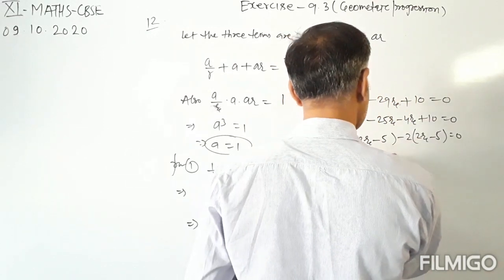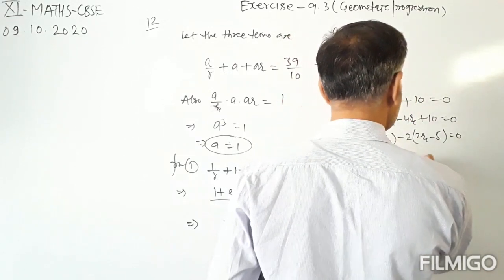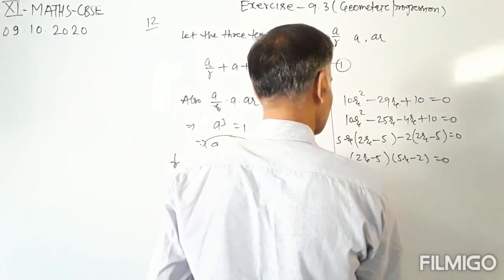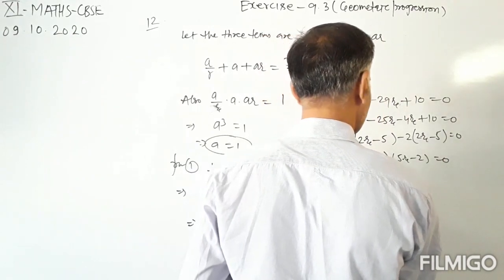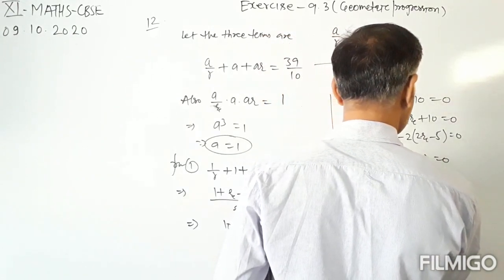So 2r minus 5 and 5r minus 2 equals 0. So the common ratio r equals 5 upon 2 and r equals 2 upon 5.